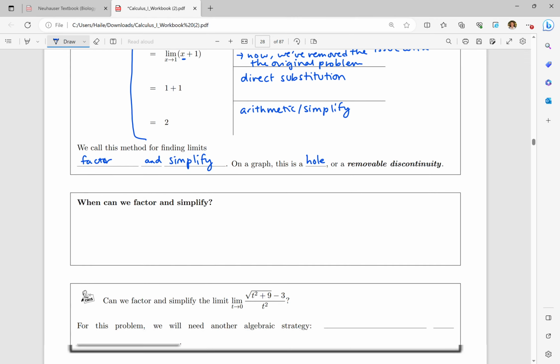Okay, so let's summarize. When can we factor and simplify? So if we remember, the initial problem, when we tried to directly substitute, gave us 0 over 0.